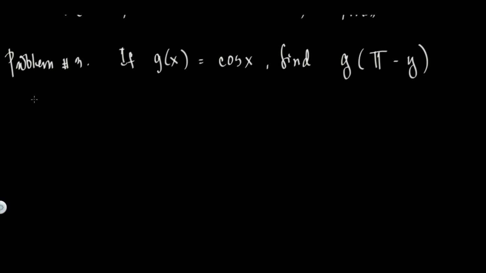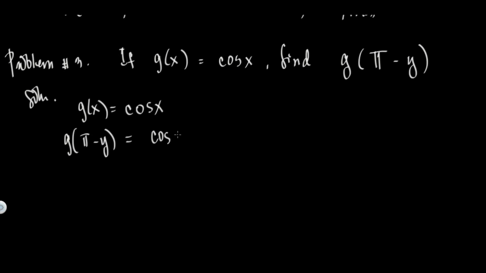Yan. Okay, for the solution, g of x is equal to cosine x. Then, g of pi minus y. So, yun ang solve natin, ano? So, ang input natin is the pi minus y. So, cosine pi minus y. Looks familiar, no? Ito, looks familiar. Ano yun?